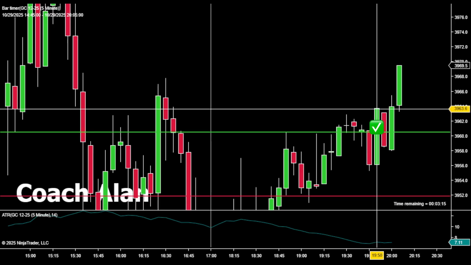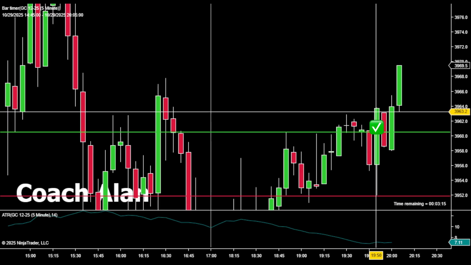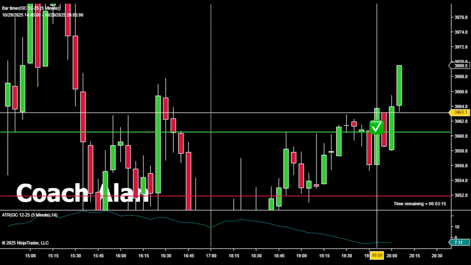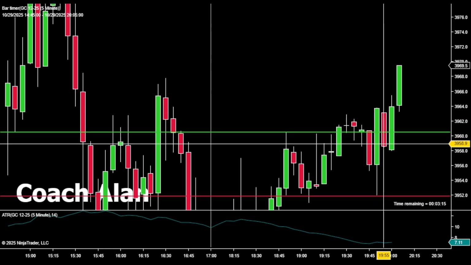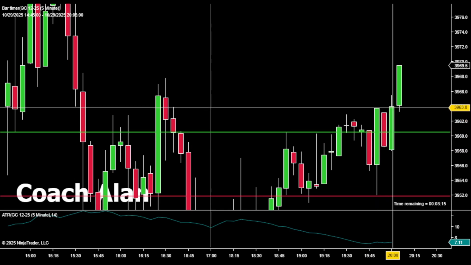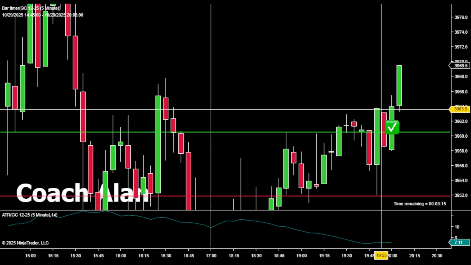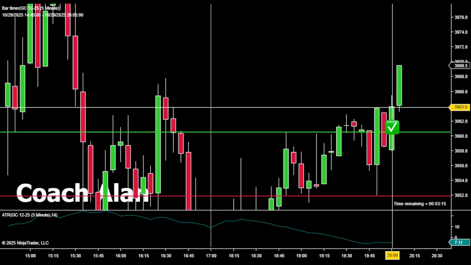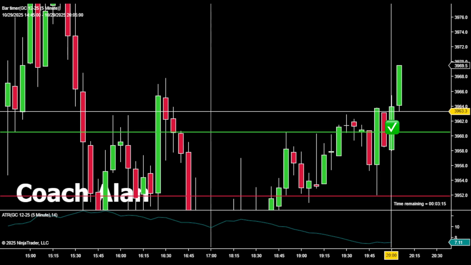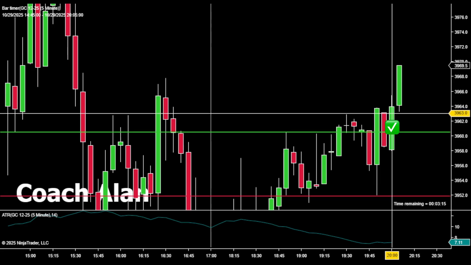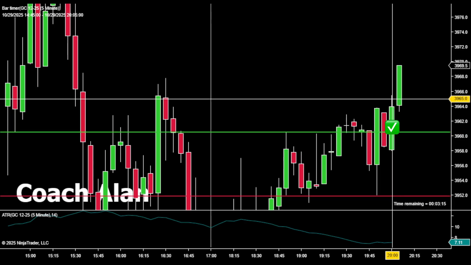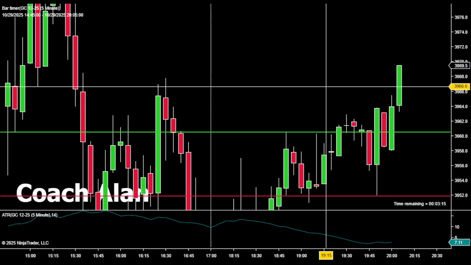We counted this as the first valid break above. It came down, retested, closed in the range, then came back above with a good sized body, almost the same size as this one. It closed above, and we made our entry right here because we consider this one to be the second close above the high of the range. Went on up 40 ticks.